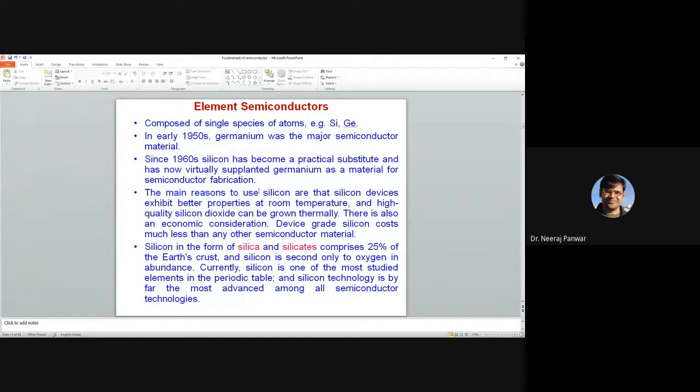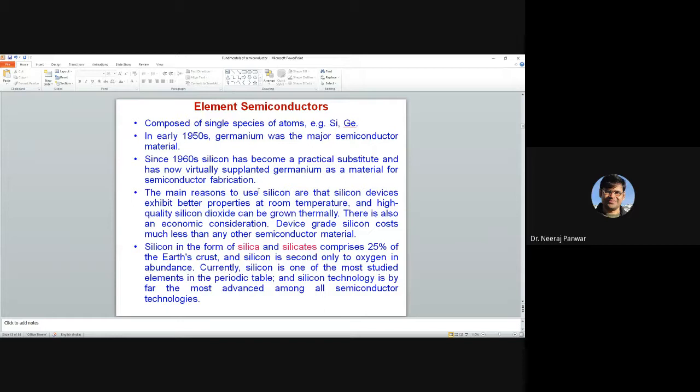The second problem with germanium is leakage current, the current due to minority carriers, which is a big problem for electronic devices. In germanium devices, the leakage current becomes twice with every 7-degree rise in temperature, but for silicon devices it doubles with every 10-degree rise.